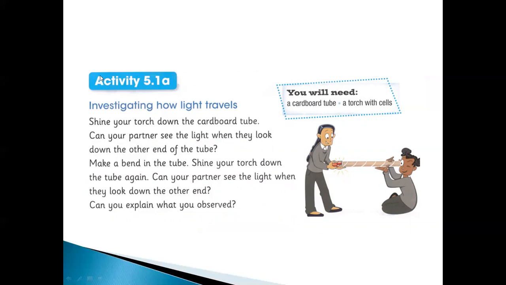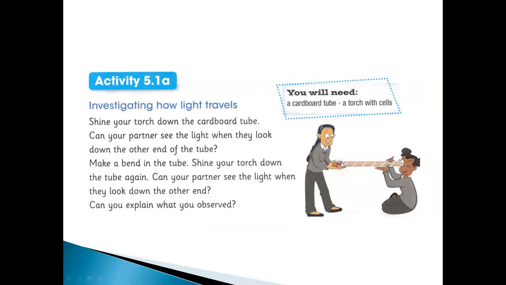For this you have an activity, investigating how light travels. Shine your torch down the cardboard tube. Can your partner see the light when they look down the other end of the tube? Obviously, if it's straight, he or she can see it. Make a bend in the tube.